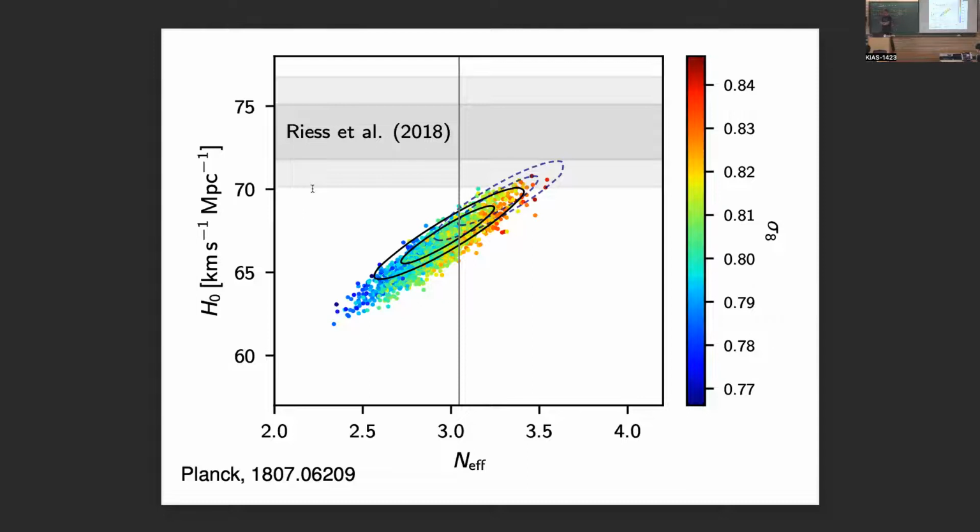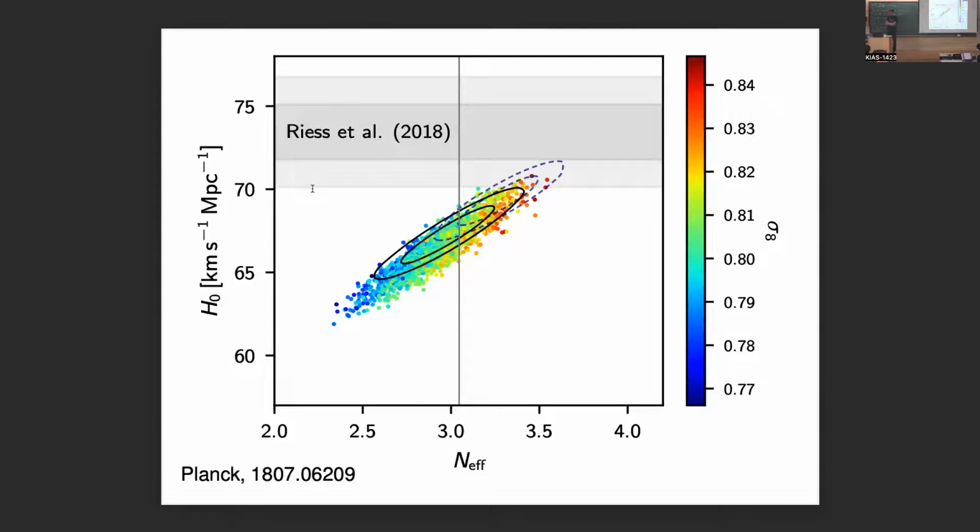Excuse me, can I make a comment? Sure. I think if you increase the amount of dark radiation, you can see that sigma 8 increases as well from this plot, and that makes the tension in sigma 8 measured by Planck and measured by weak gravitational lensing more serious. Exactly.